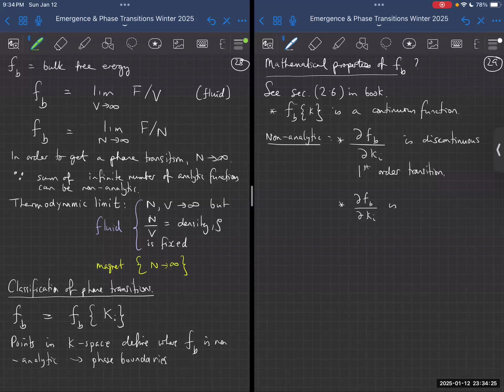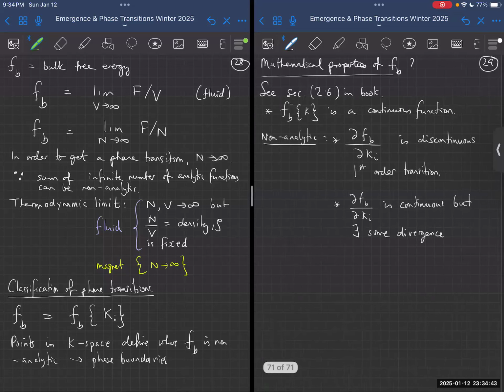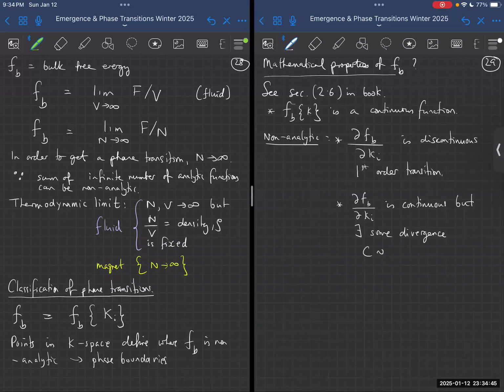Another way that can happen is that dF_B/dK is continuous, but there is some other non-analyticity, such as a divergence. For example, we saw that with the heat capacity going as (T minus Tc over Tc) to the power minus alpha as T tends to Tc.